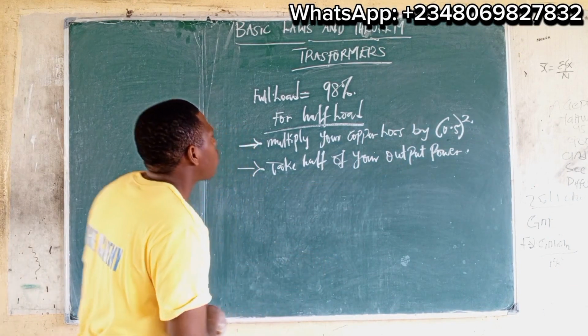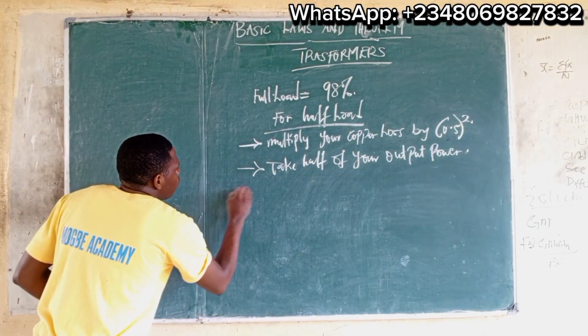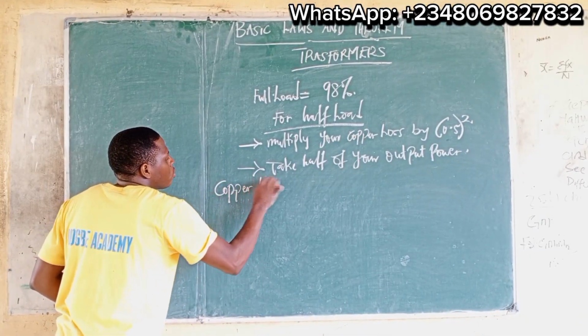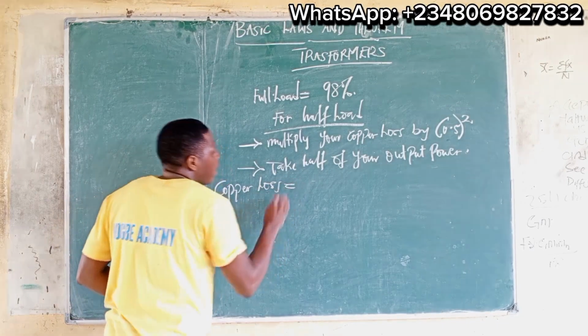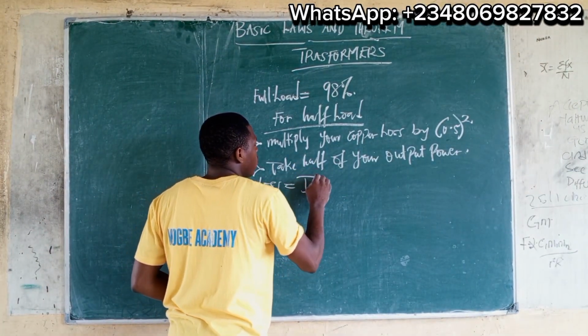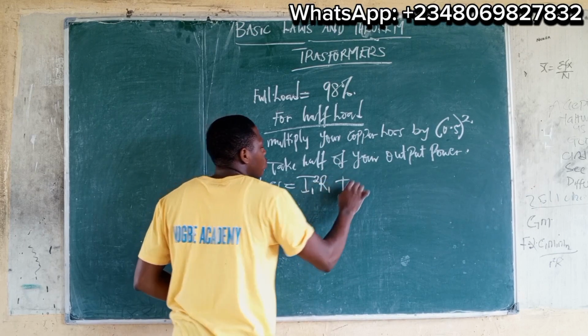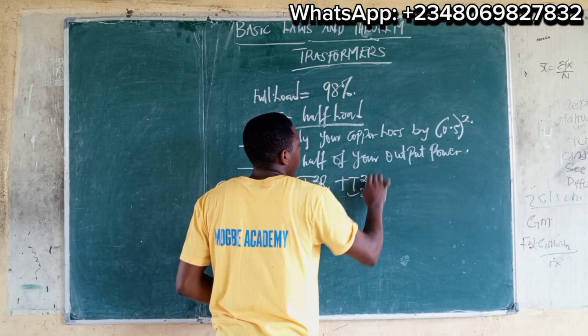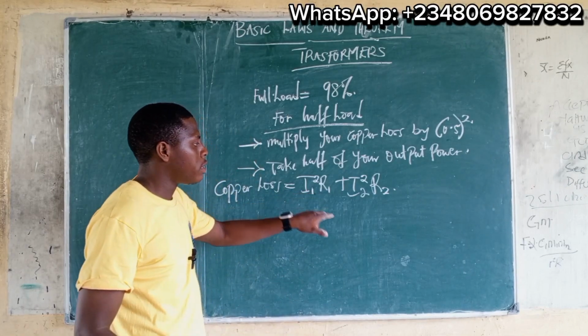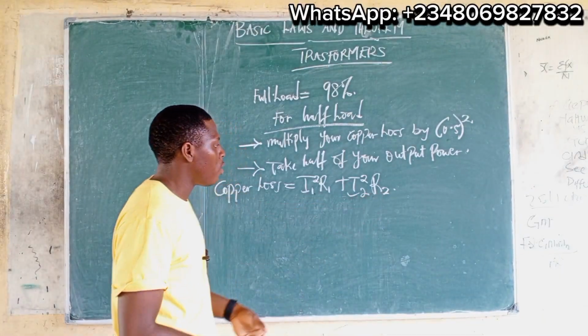So now let's go into the calculation. The first thing we do is calculate our copper loss. The formula is I1 squared R1 plus I2 squared R2. These are primary copper loss and secondary copper loss.